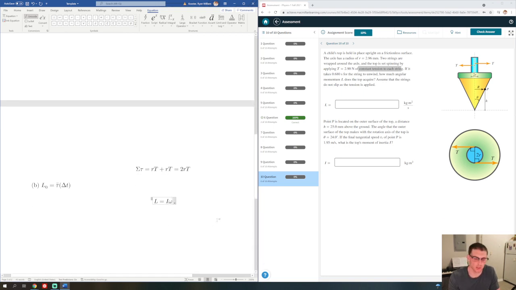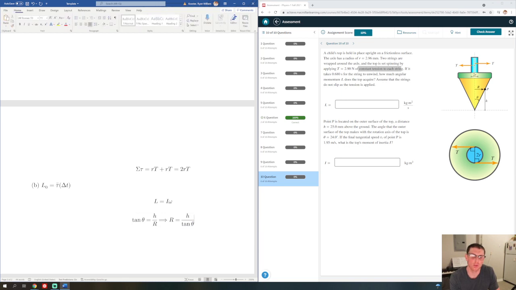We have to note that tangent of theta equals h over r. So we find that r equals h over tangent theta, right? So that's one thing we have to do here, but that's just a little bit of trig. Hopefully it's not too bad.